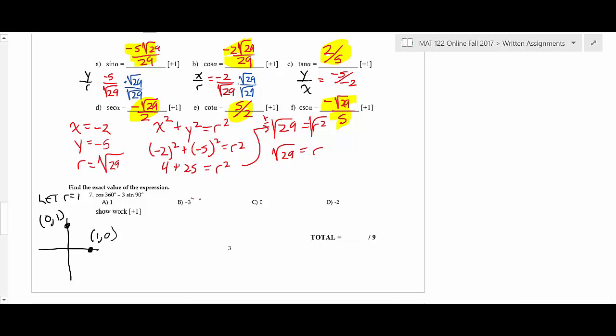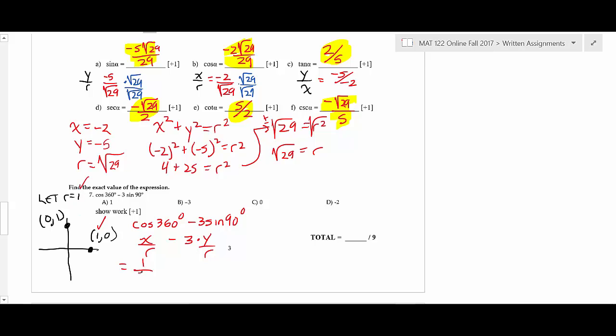So here's kind of what we know in the problem. If you're doing the cosine of 360 degrees minus 3 times the sine of 90 degrees, well, what we have is this. If you go to the cosine of 360, that's just x over r. If you go to the sine of 90, the sine is y over r. Okay, so in this problem, if you look at 360 degrees, x is 1.